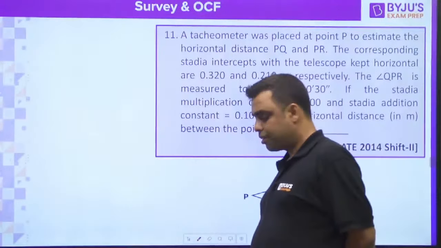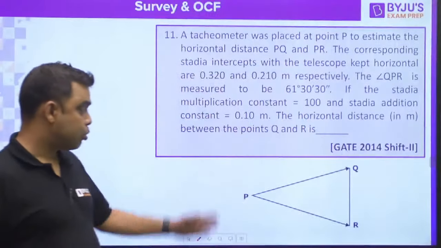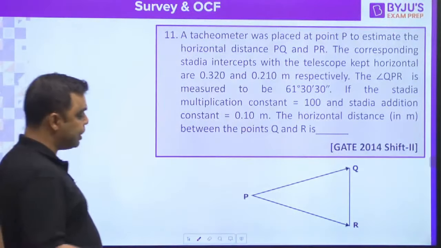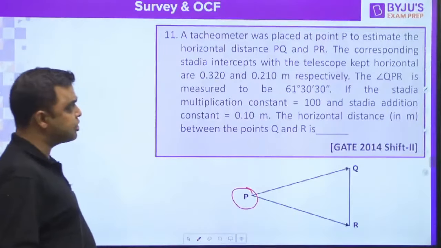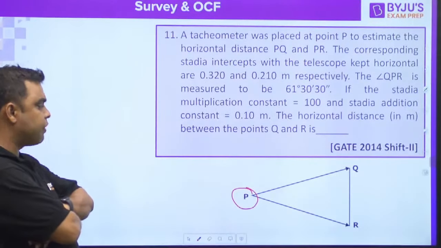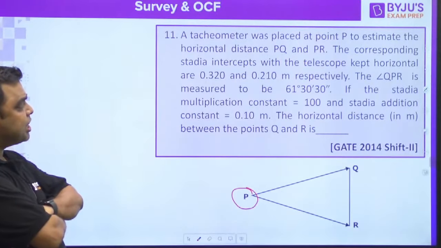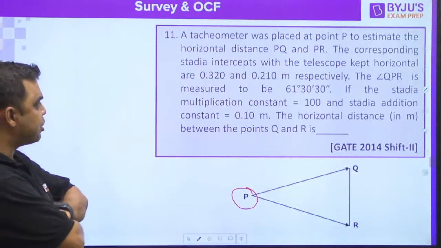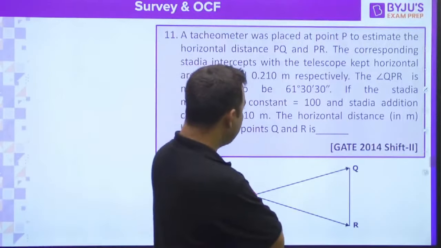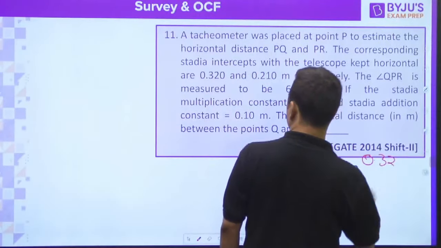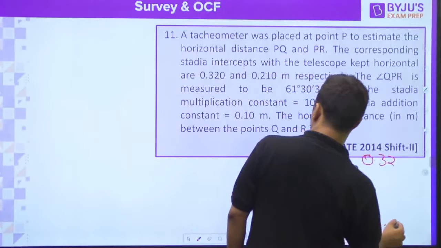Next question. Very good question, guys. 2014 shift 2. A tachymeter was placed at point P to estimate the horizontal distances PQ and PR. The corresponding stadia intercepts with the telescope kept horizontal are, at Q, 0.32 and at R, 0.21.